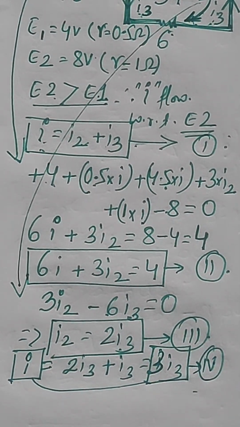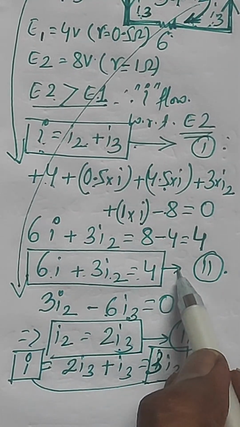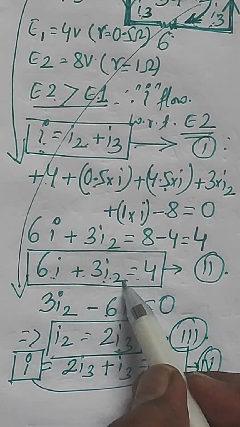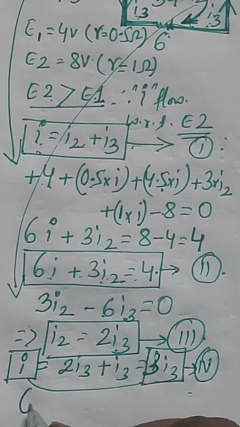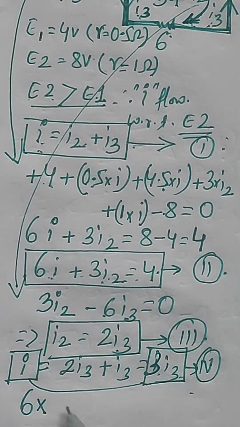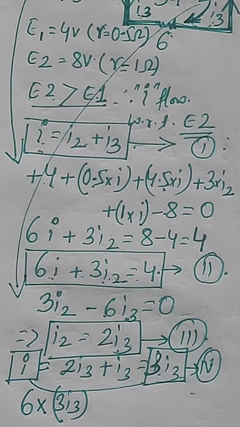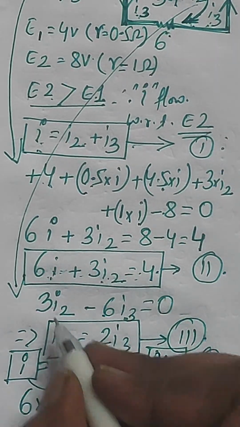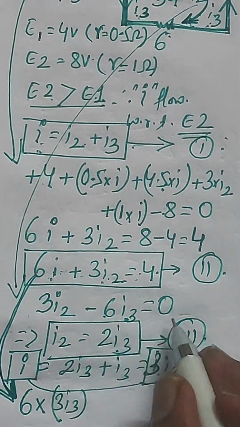Now what we can do is use this relation 6I plus 3I2 equal to 4, right? This is equation number 2.